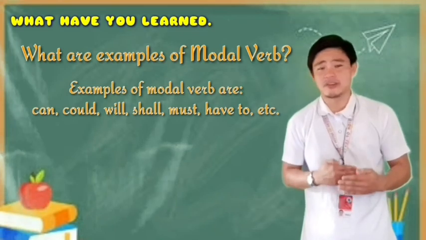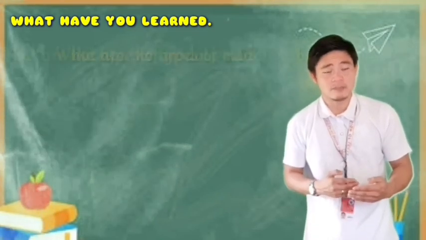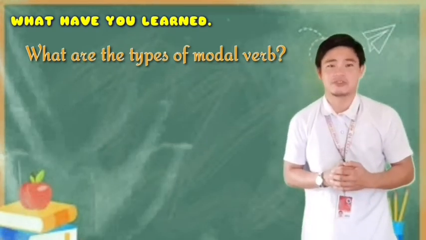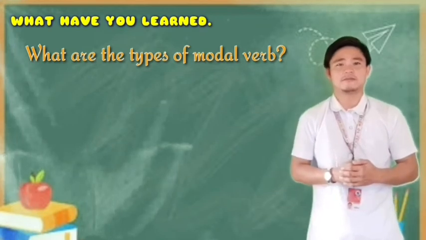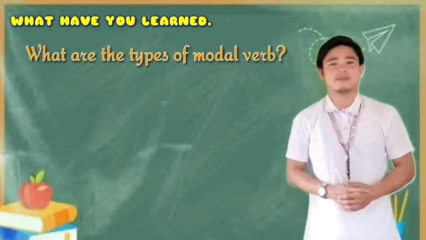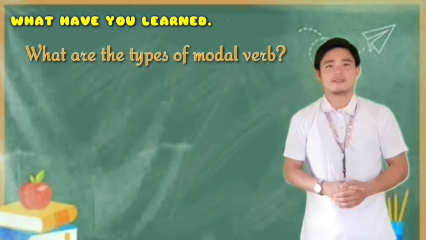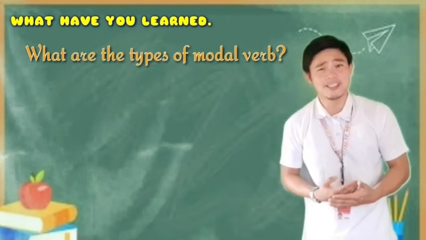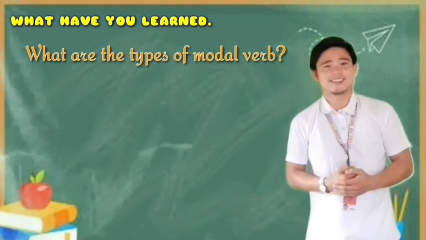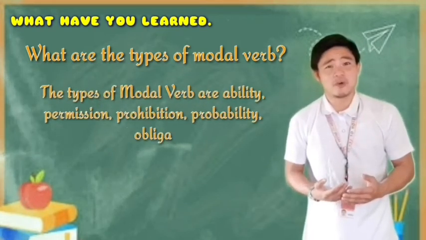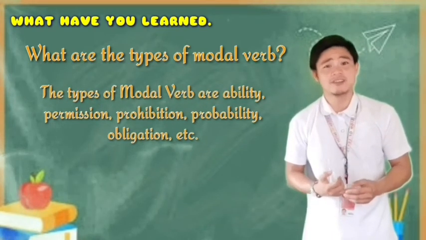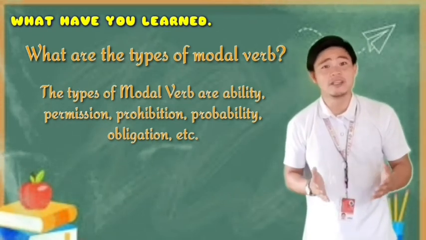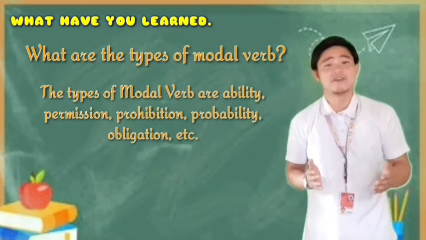There are different kinds or different examples of modal verbs. Now, what are the different types of modal verbs? Good job, children! The different types of modal verbs are ability, permission, prohibition, probability, obligation, and so many more. Okay, very good.